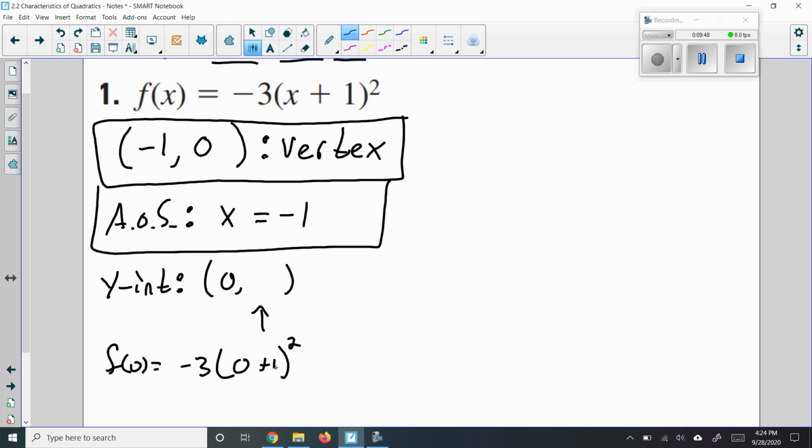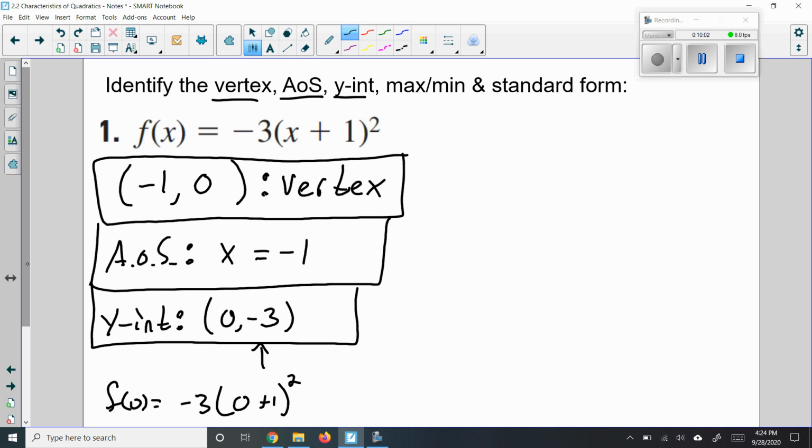Well, 0 plus 1 is 1. 1 squared is, I'm sorry, 1 squared is 1. And 1 times negative 3 is negative 3. So here's the y-intercept. Okay, so we need to know, does this have a max or a min? Well, does our quadratic look like this? Or does it look like this?